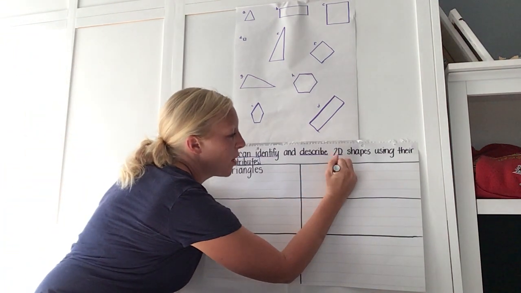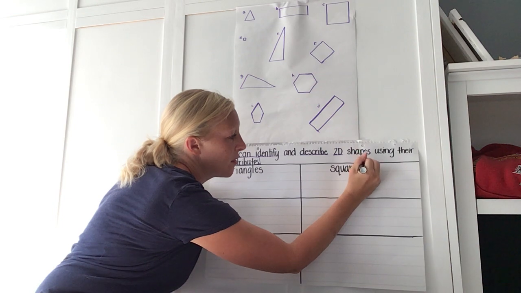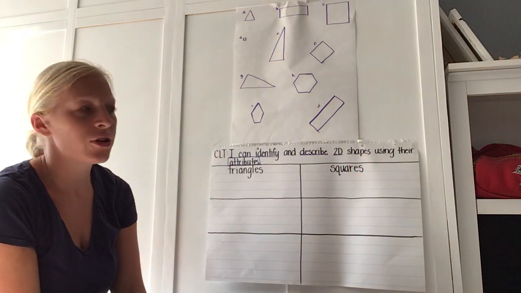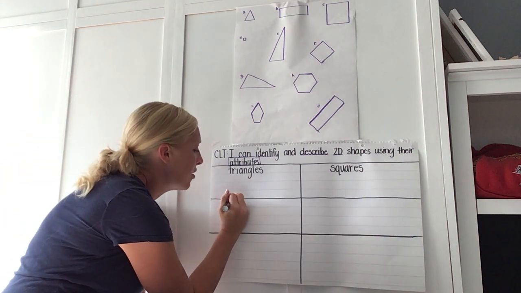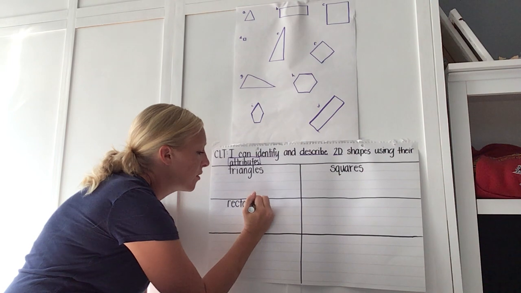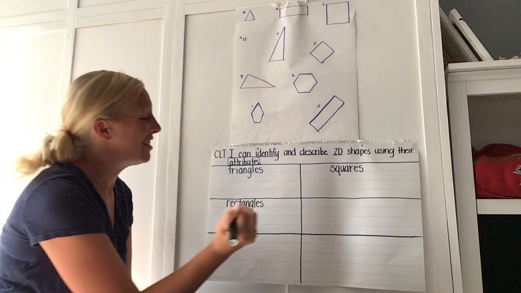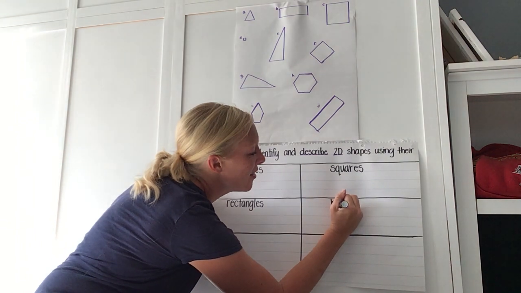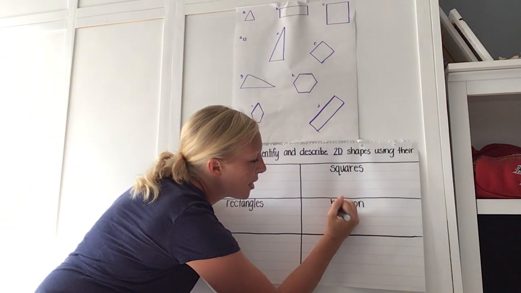You see squares. What other shapes do we see? Rectangles. We see a hexagon. Seen those in first grade, haven't we?